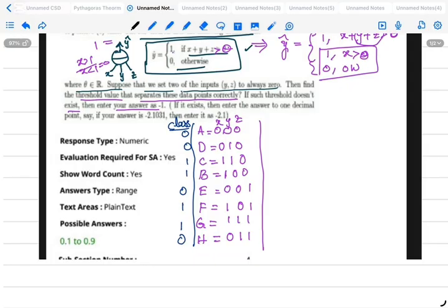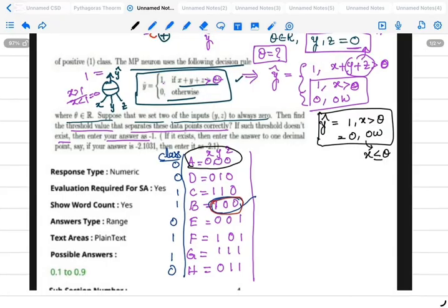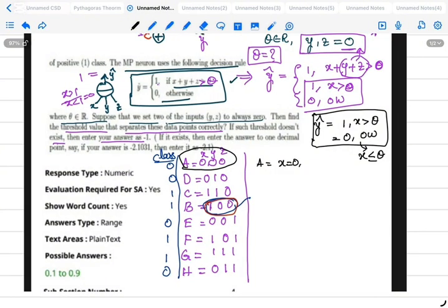There are two conditions, greater than theta and less than or equal to theta. So we find them from these data points. For example, consider the data point A, where all x, y, z values are 0, so the y hat output is 0.